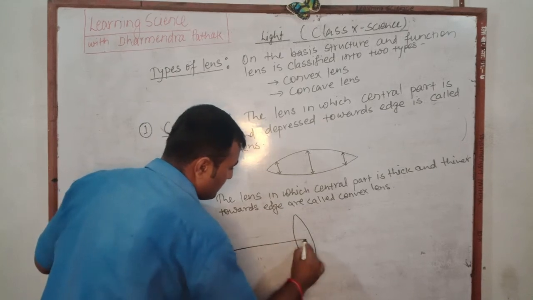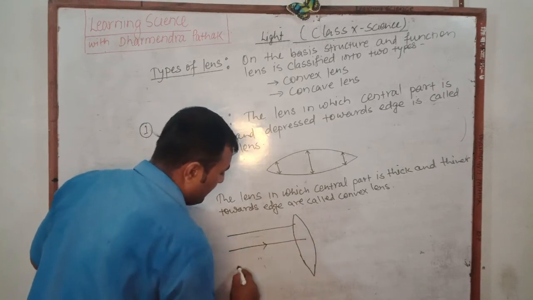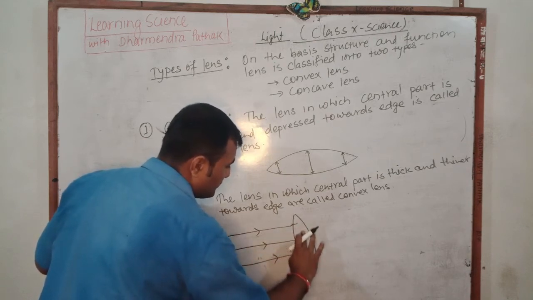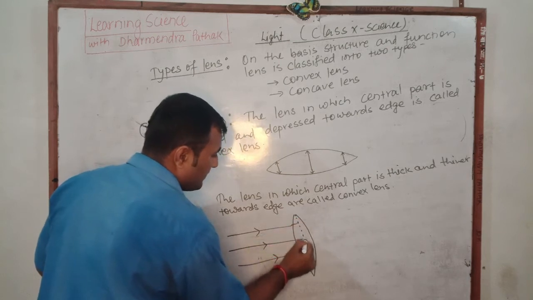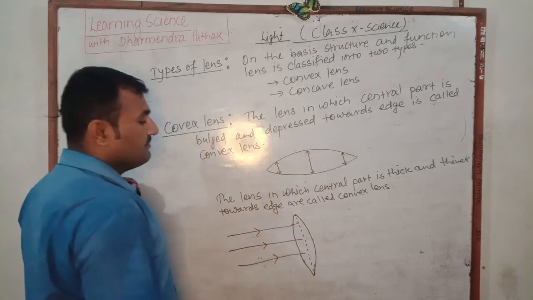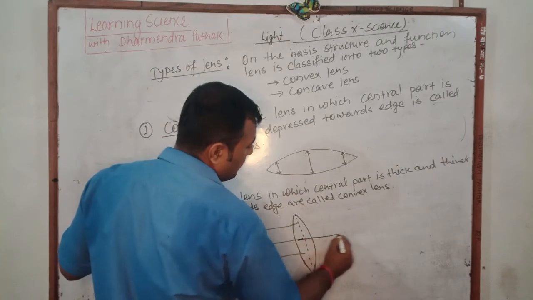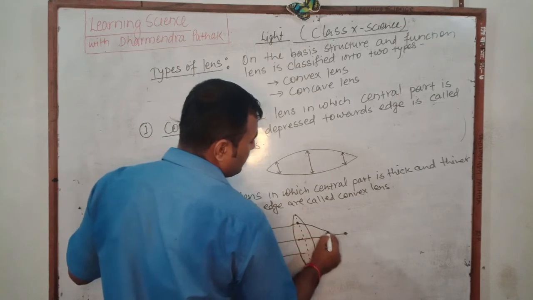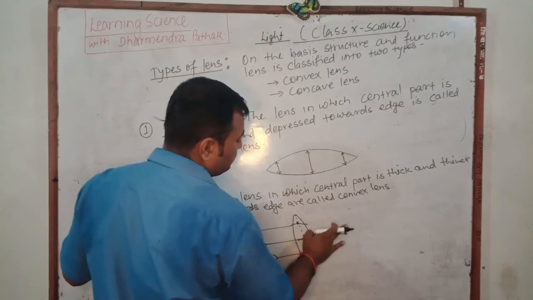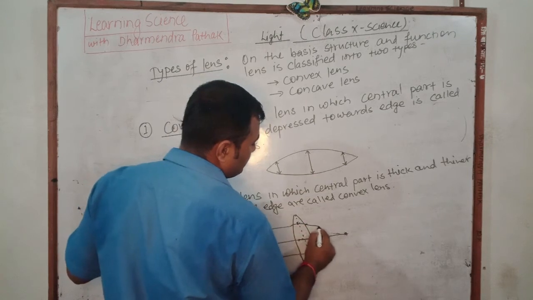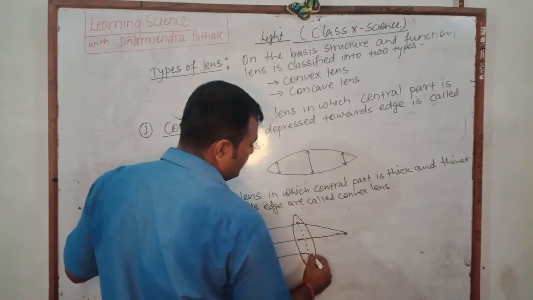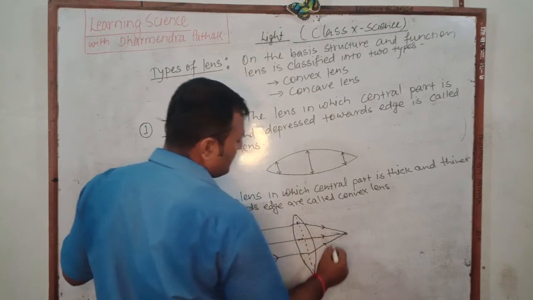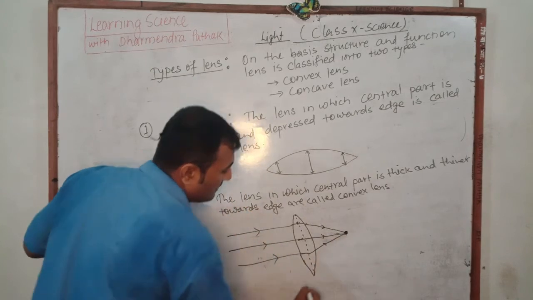when a beam of light strikes that lens, then all the rays of light present in the beam get focused at a single point. These all meet at a single point, and that nature is called convergence.